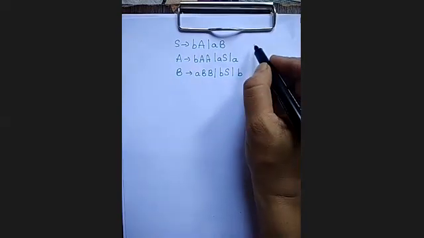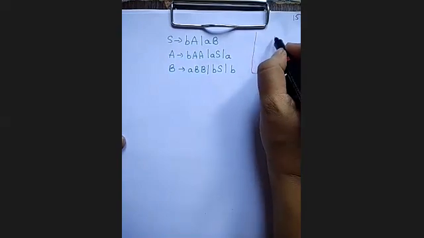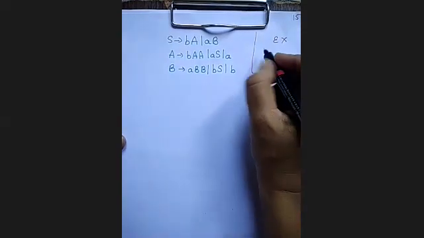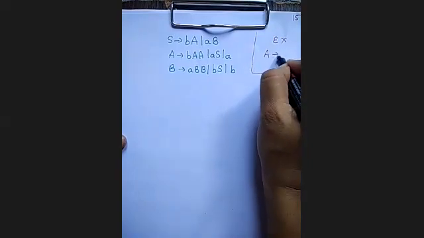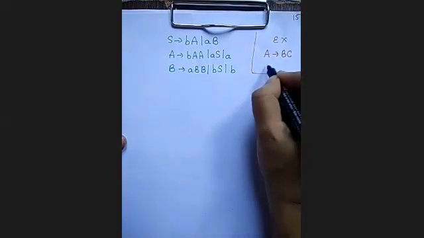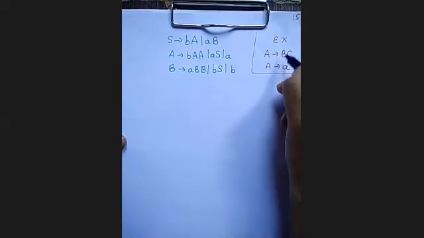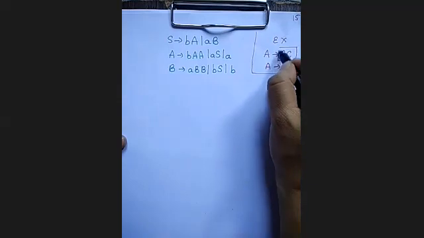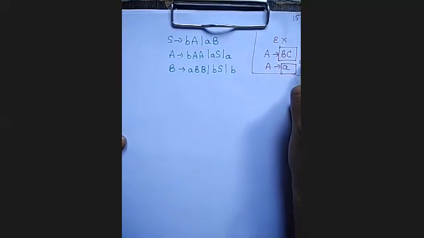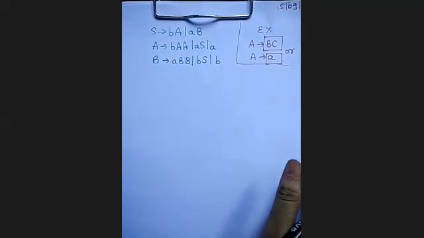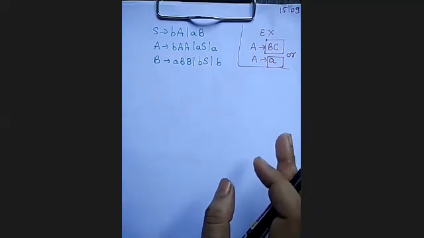Which type of productions are allowed in the CNF? Again, I am repeating: there should not be epsilon on the right hand side. Okay. The production rules allowed here are A gives BC, and A gives a. Again, I'm repeating, only 2 non-terminals should be there on the right hand side, or a single terminal.